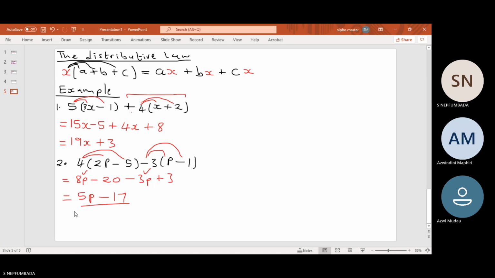After removing, we don't put brackets. Okay. Yes. Oh, good.